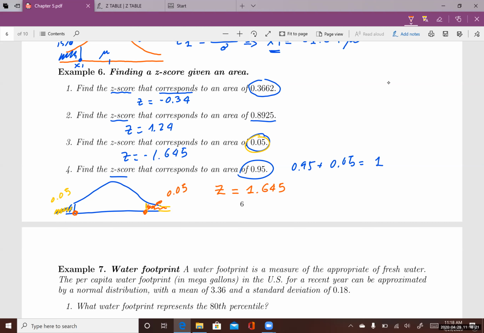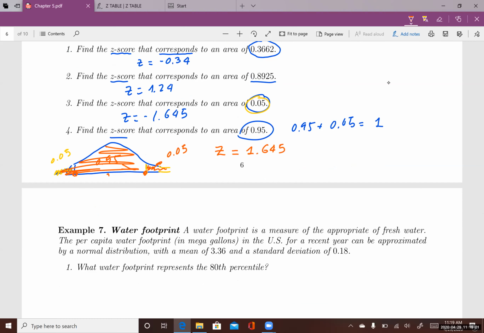Again, if it's 95% to the left, then it's 5% to the right, right? Because they are complements of each other, we know that the z values are just the opposite of each other.